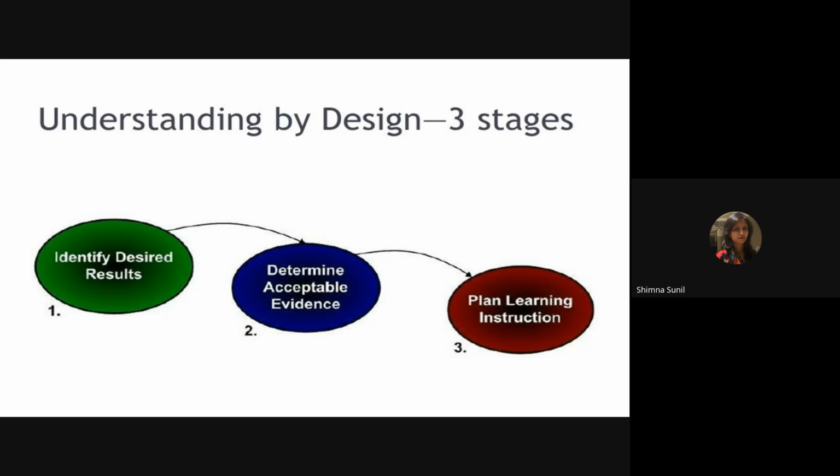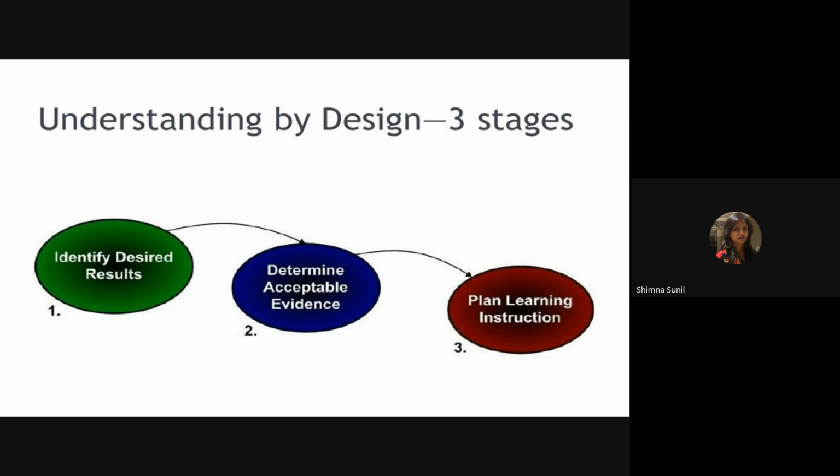We think, what will my child learn? What is the outcome going to be? That is the learning outcome, and that is what NCF-SE talks about. So we first identify the desired result.